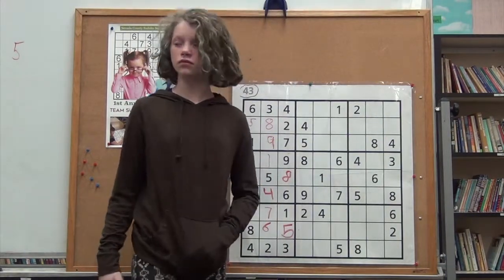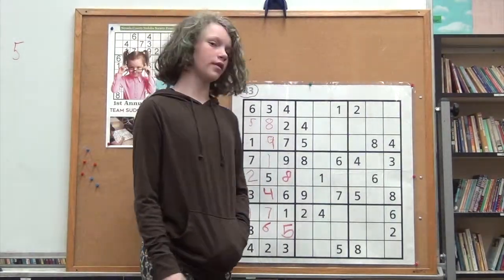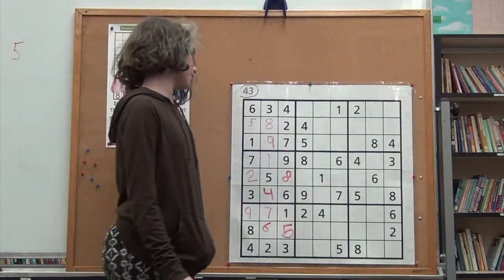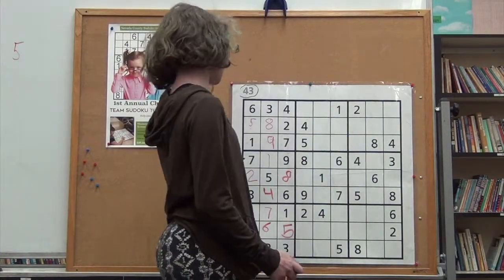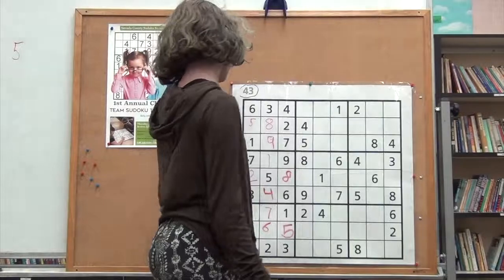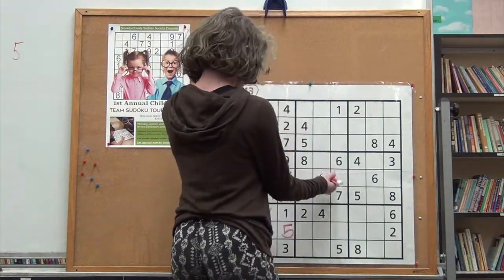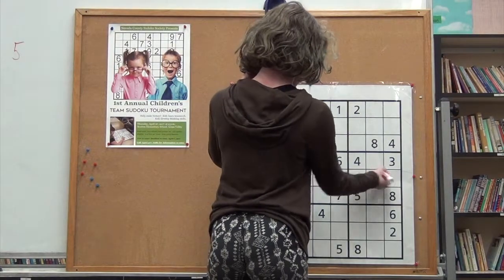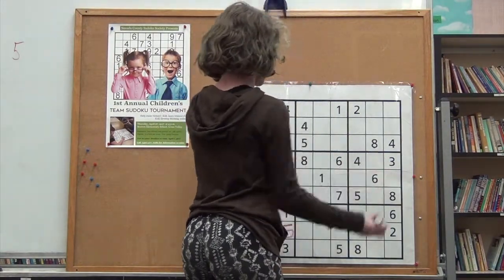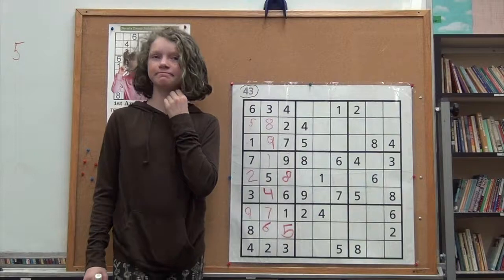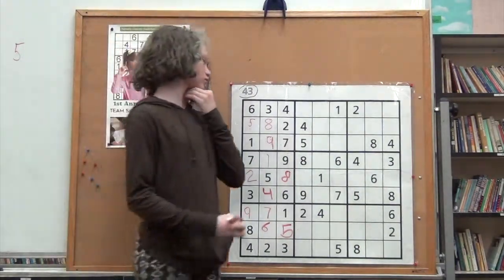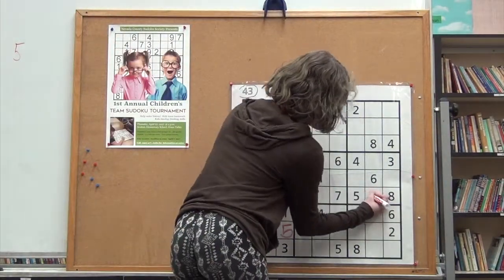Say which number you will solve. I'm going to be solving for a 1. Identify eliminators. This one blocks off these 2 boxes, and this one blocks off this box. So one small box. The 1 has to go here.